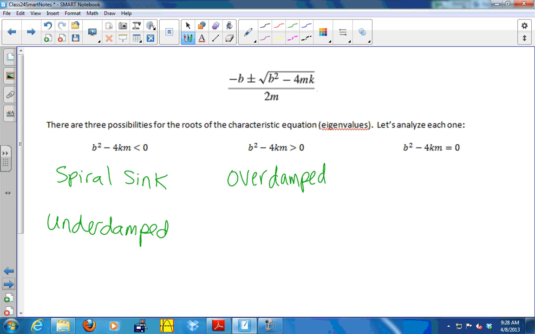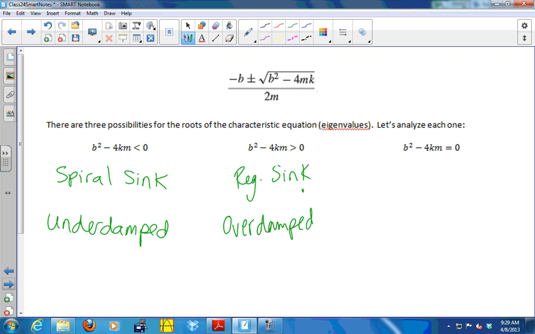And that's just a regular sink, yeah. We send the mass just right back to the origin, no oscillations. And if b squared minus 4mk is 0, this is the repeated eigenvalue scenario, which is kind of the border between a spiral sink and a regular sink.